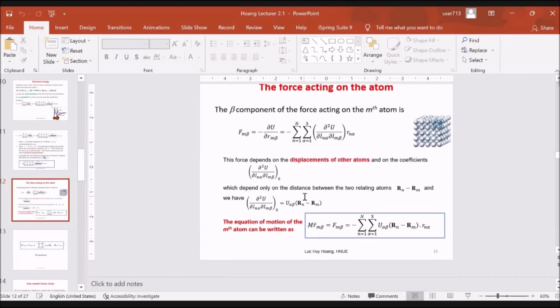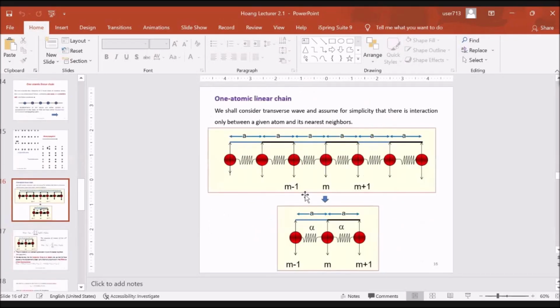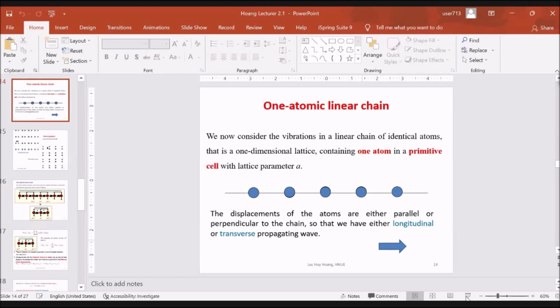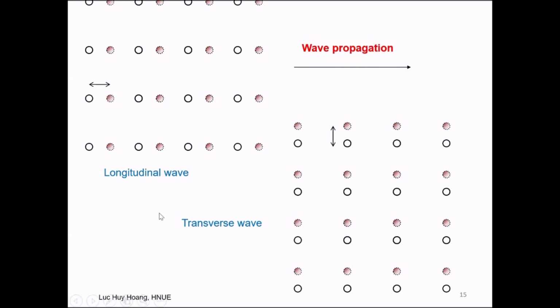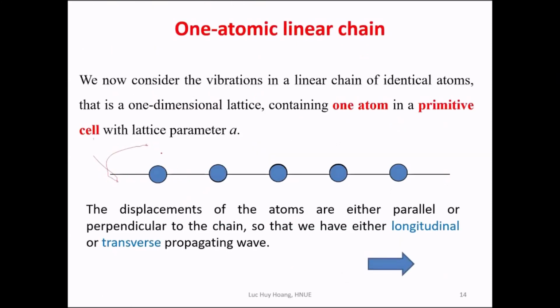So for the atom we consider two ways of displacement. When the atom is displaced perpendicular to the propagating wave, we call this a transverse propagating wave.